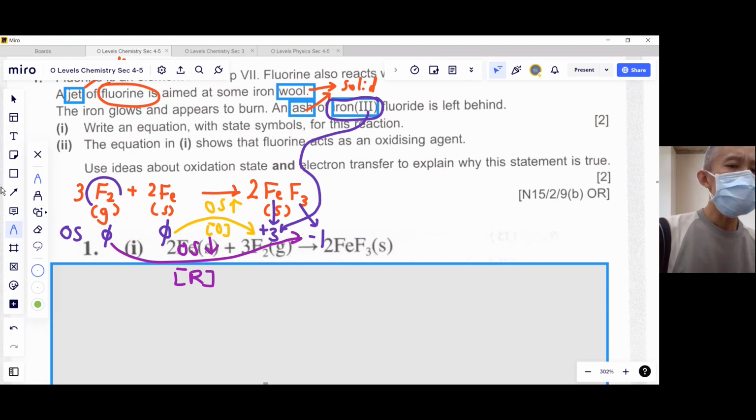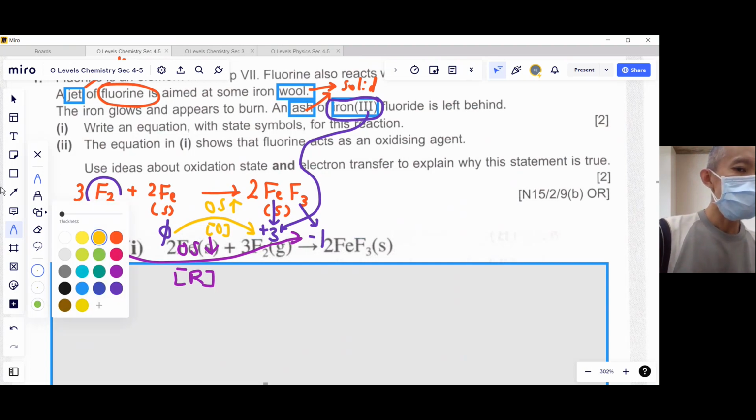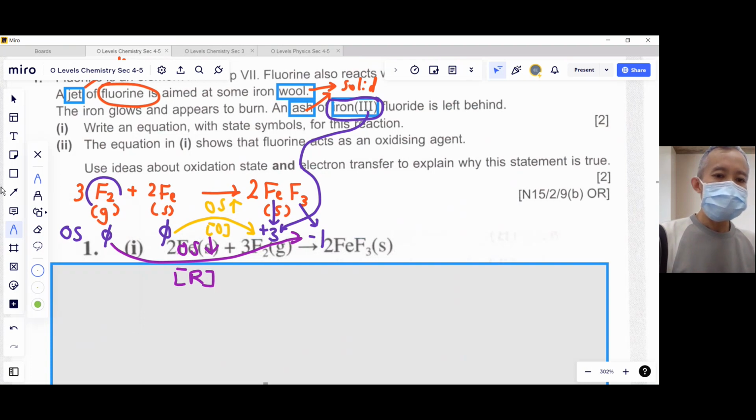Let's go a bit further that I haven't mentioned before, but since you're on this question, I shall say that. Look at fluorine F again. OS decreased by how many? Decreased by 1.